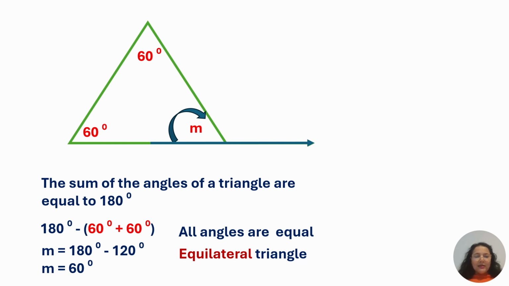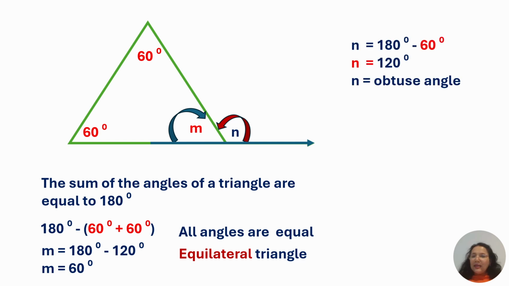Okay, so now let's look at angle N. What we need to know is the properties of a straight line. Now, even though the triangle is jutting out, we know part of it is a straight line. So we say angle N is equal to 180 minus 60. So angle N is 120 degrees, and it is an obtuse angle.